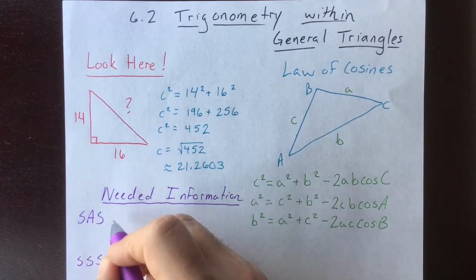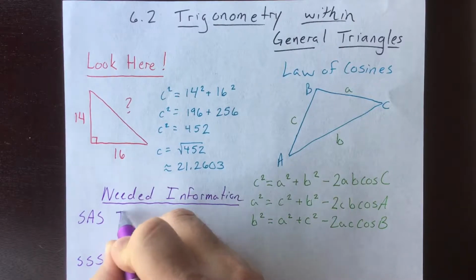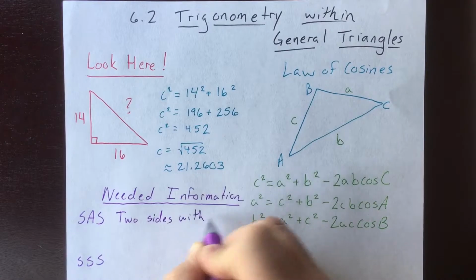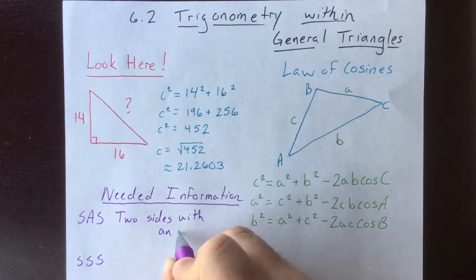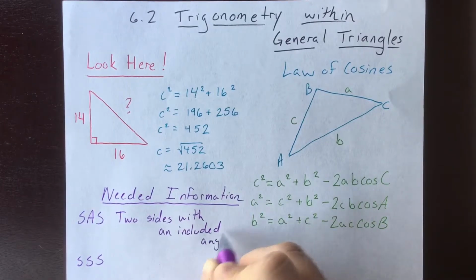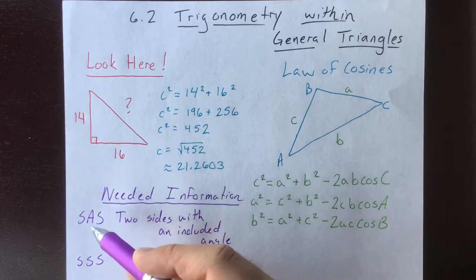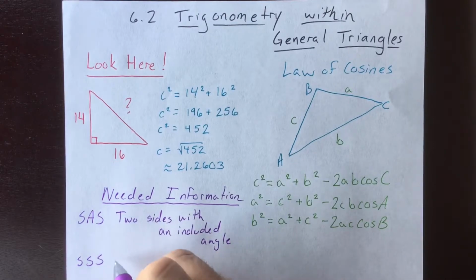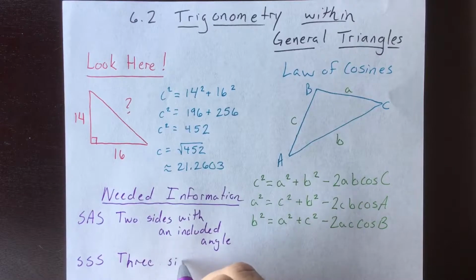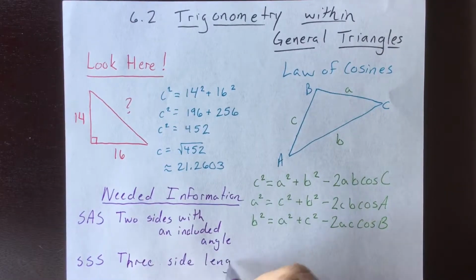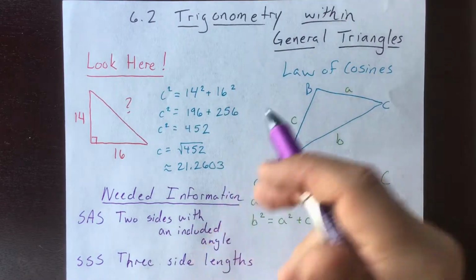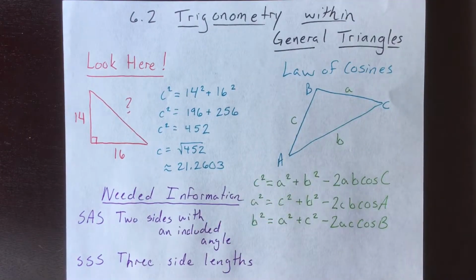We know that SAS represents that we have two sides with an included angle. Included meaning the angle between. And SSS represents that we have 3 side lengths. Okay, so given these two situations, we are able to use law of cosines to find additional information.